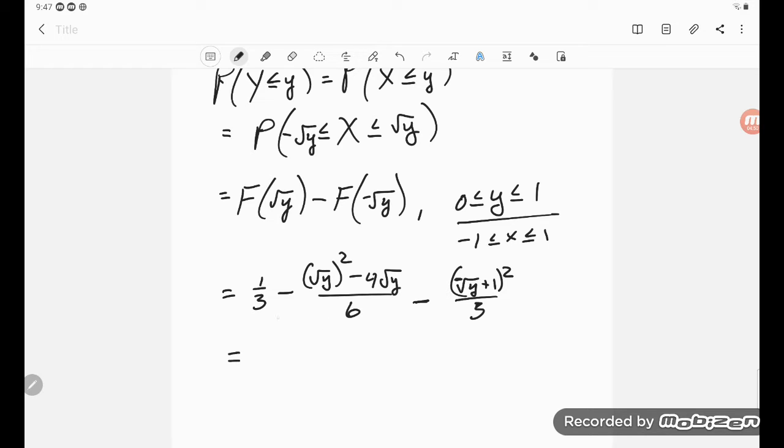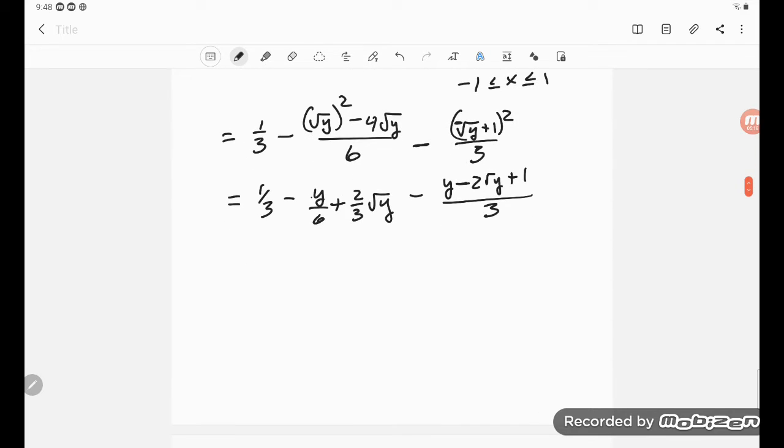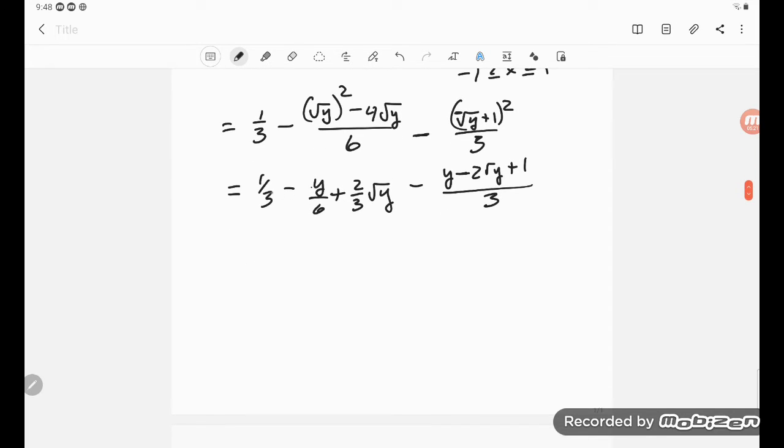So this is equal to 1/3 minus y over 6 plus 2/3 square root of y. And then minus, well, I square that, I get a y, and then a minus 2 square root of y plus 1, all divided by 3. So it looks like I get a 1/3 and a minus 1/3, so I think those cancel.